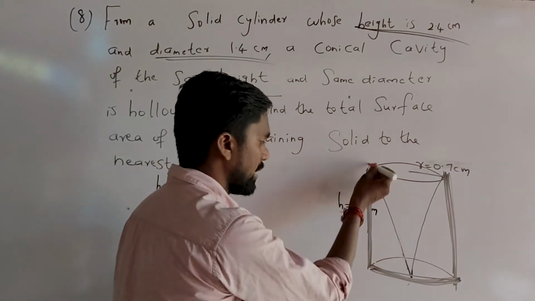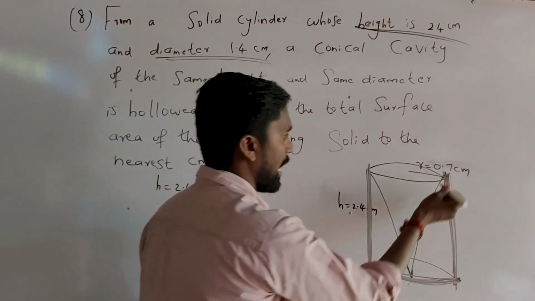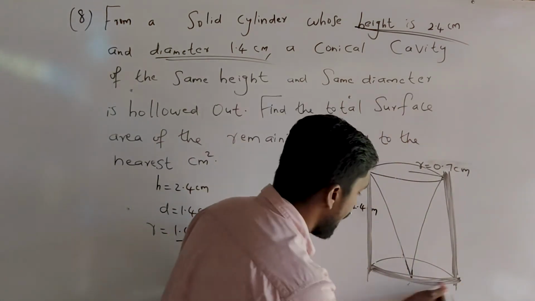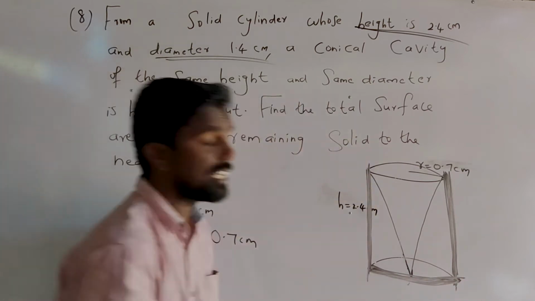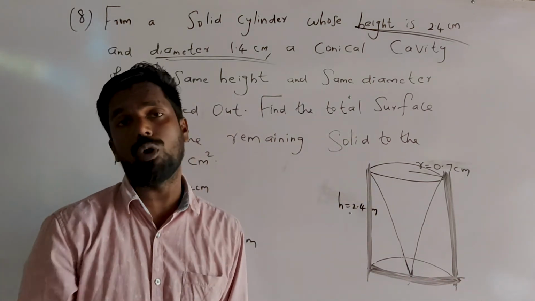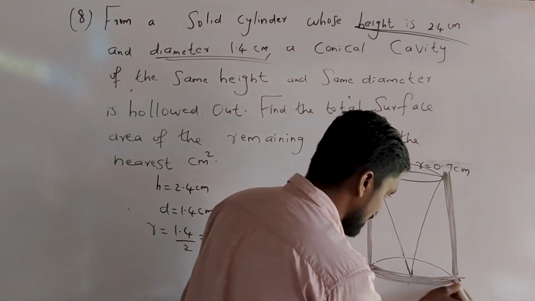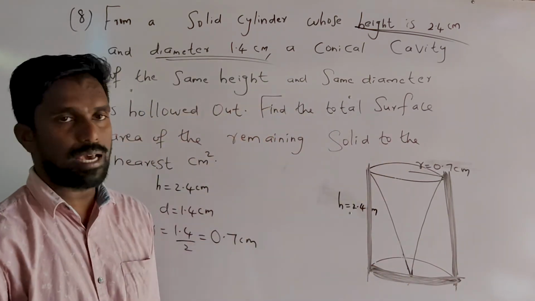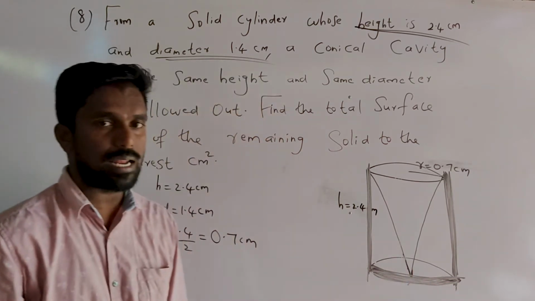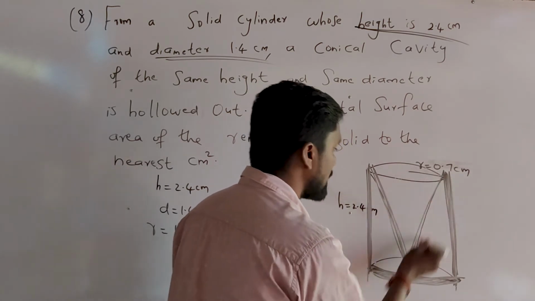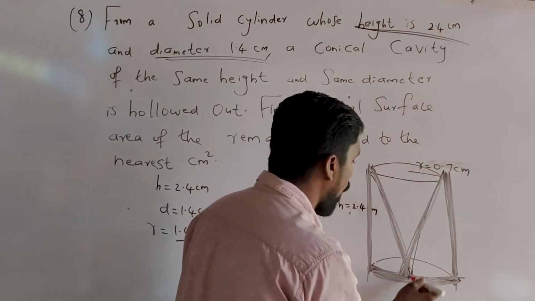This is a solid cylinder, not a hollow cylinder, so the bottom portion is there. And next you have to find out the CSA of the cone.